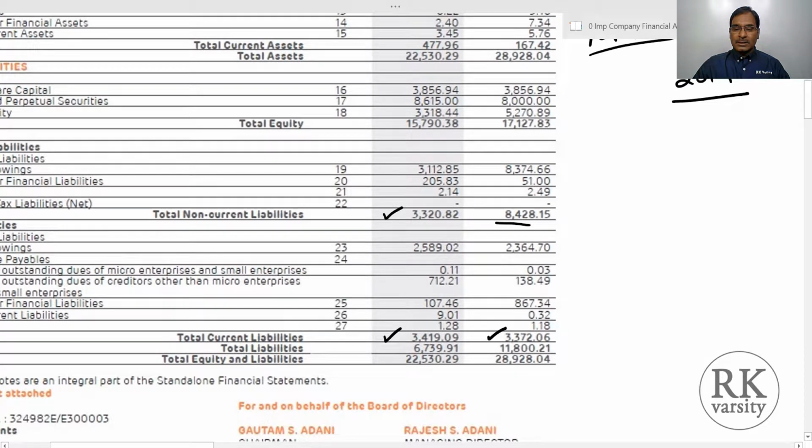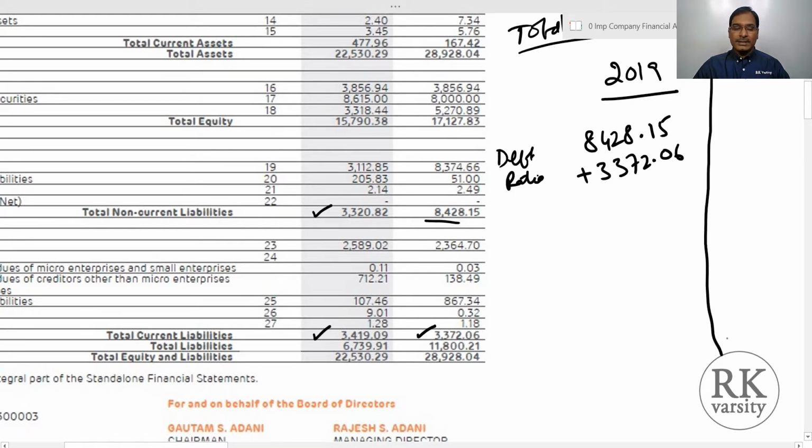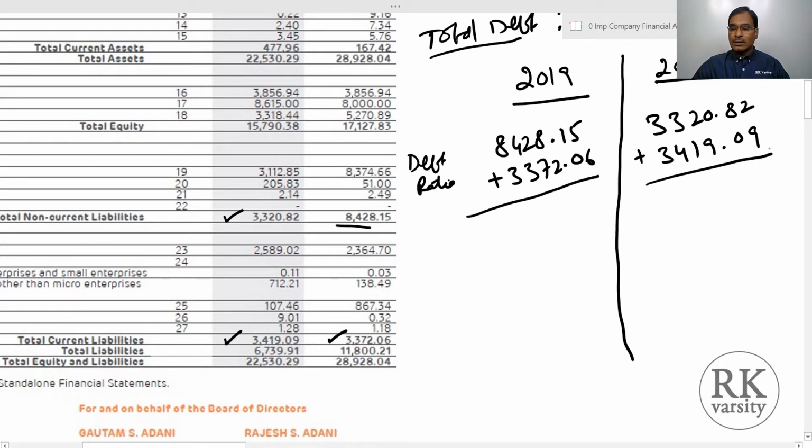So for the debt ratio, your numerator values will be 8,428.15 plus 3,372.06 for the financial year 2019, and for 2020, 3,320.82 plus 3,419.09. Then this upon your total assets.